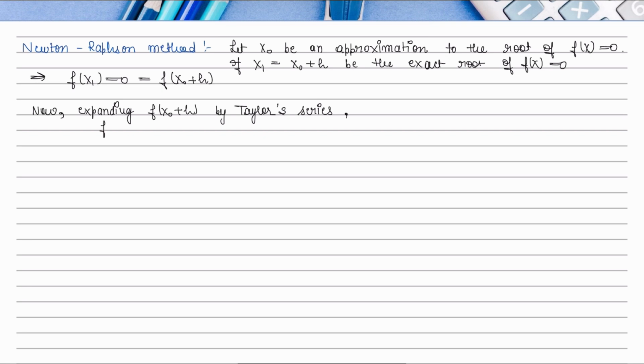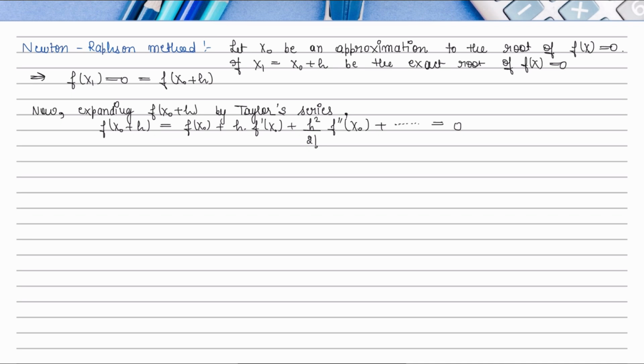we get f of x naught plus h is equals to f of x naught plus h times f dash x naught plus h square by 2 factorial into f double derivative at point x naught plus so on, to this value is equals to 0.